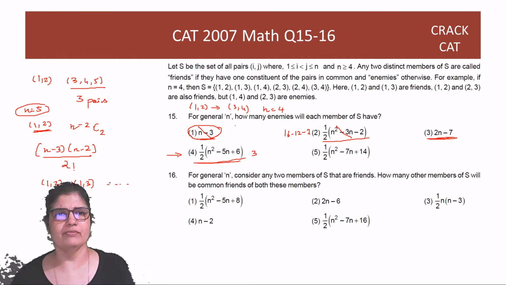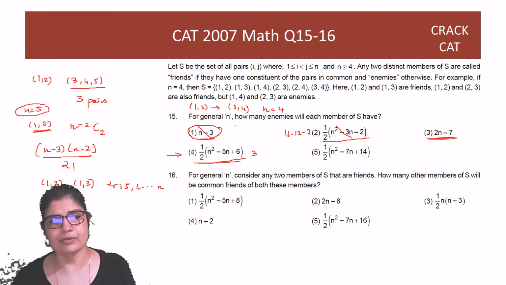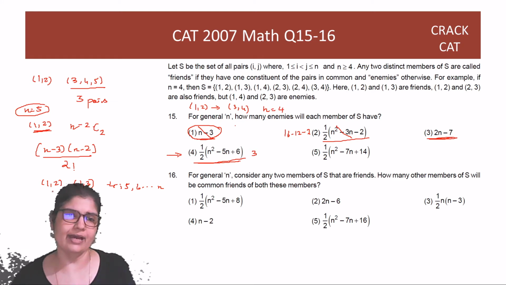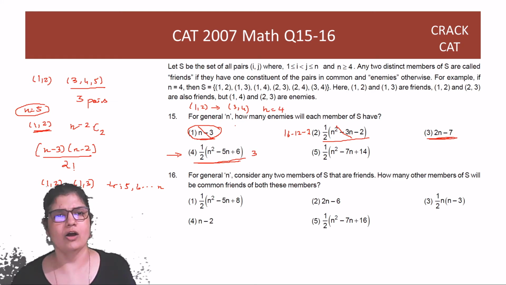So you have 4, 5, 6 till n, the rest. Now to have another member that's a common friend, I can take this common guy 1, correct? 1 can be mapped with 4, with 5, with 6 till n, right? So 1 can be mapped with anything except the first 3 numbers.